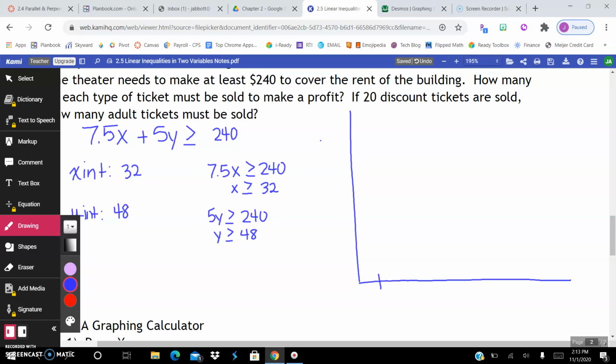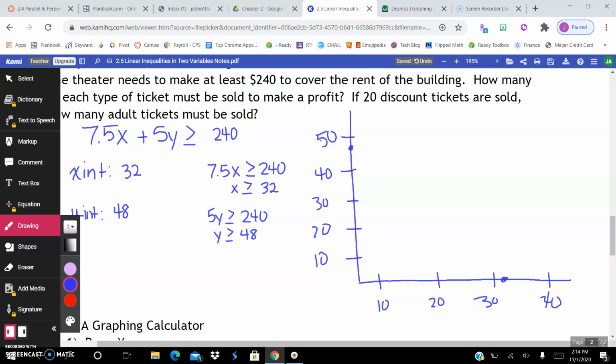So maybe I'm going to go by tens, 10, 20, 30, 40. 32 is going to be pretty close to there. And then our y-intercept is 48. So you can go by tens again. And 48 would be somewhere in there.